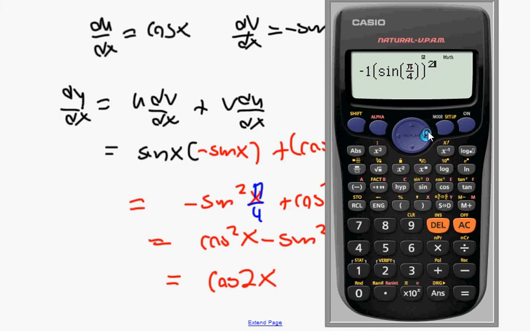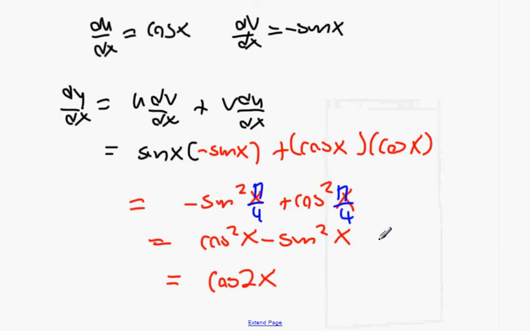And then on the other one, it's going to be plus cos squared. Once again, open up your bracket, cos pi over 4. Probably much easier just to do 45 degrees. Close it again, square it, and then our answer is 0, which is correct. If you did it my way, you could have just done cos 2 times pi over 4.